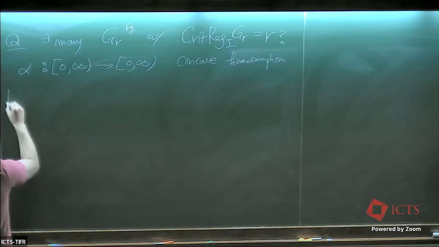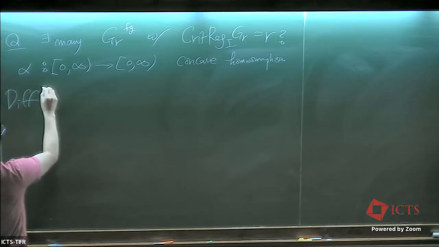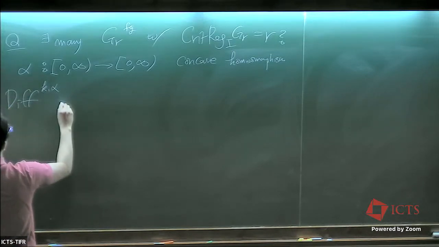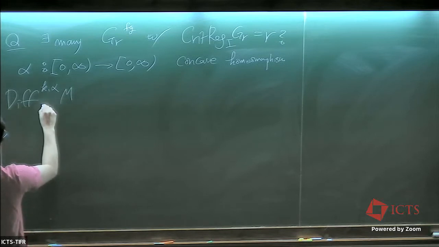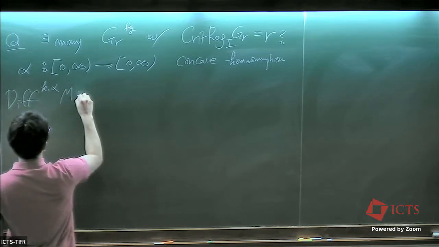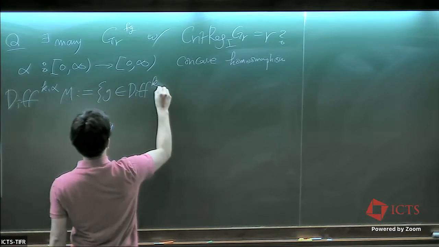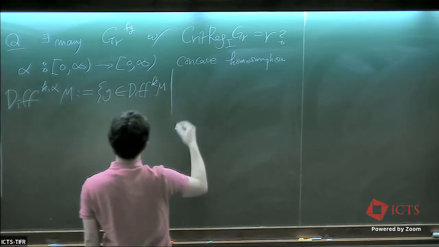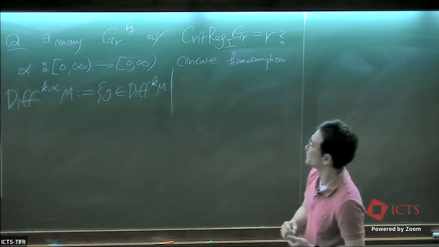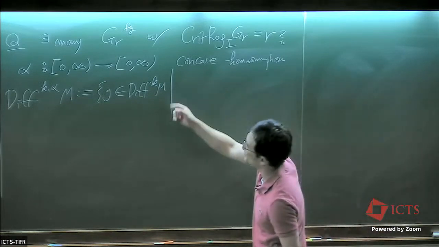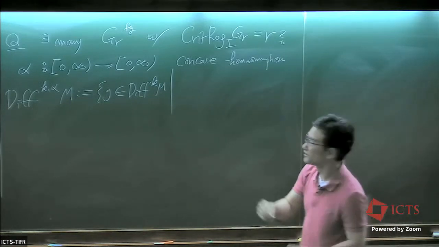So you collect all the C^{k,alpha} maps of a manifold, that is, in C^k of M, such that the kth derivative is alpha continuous. What is this?